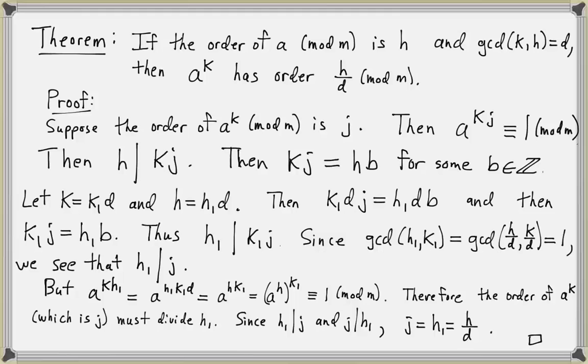So we've just shown that if the order of a is h and the greatest common divisor of k and h is d, then the order of a to the k must equal h over d. We will use this theorem in our proof that every prime number has a primitive root.